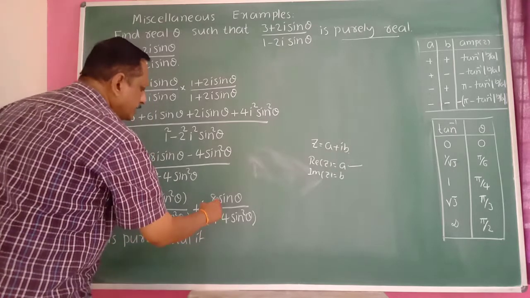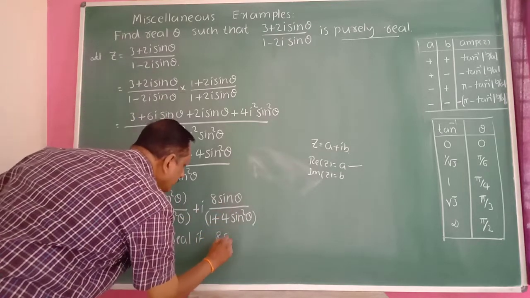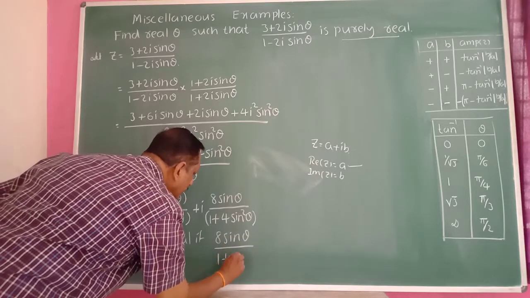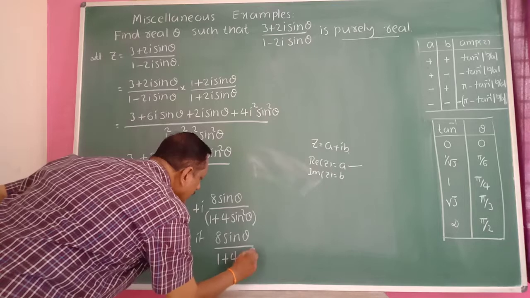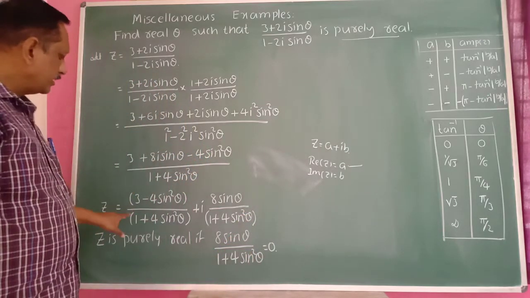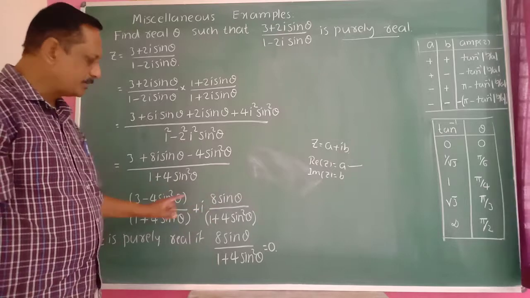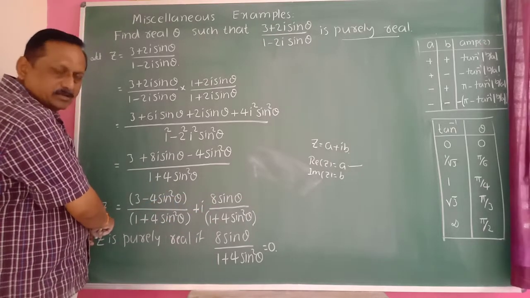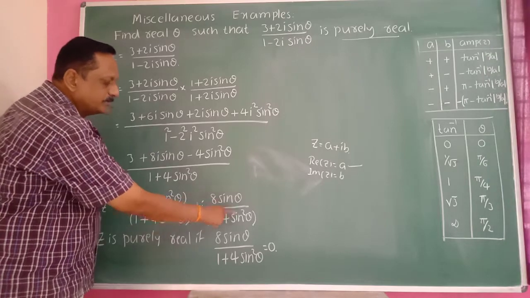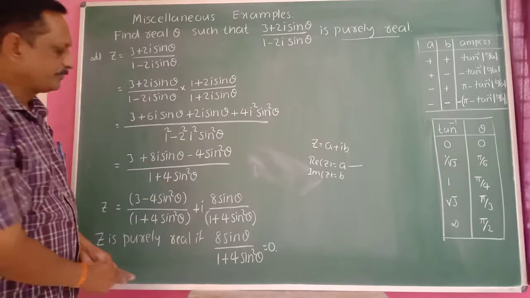If this term is 0, 8 sin theta divided by 1 plus 4 into sin square theta is equal to 0. Okay, this is a real part, this is an imaginary part here. So z is a complex number. So it remains only real part when this imaginary part becomes 0 here.